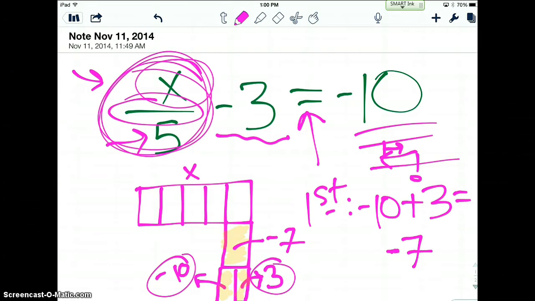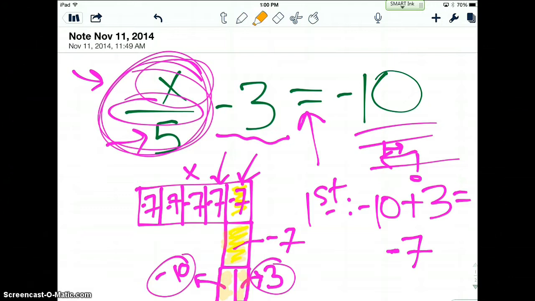So now if I know that this is worth negative 7, then I know this is worth negative 7, and this one is worth negative 7, because they're all the same. Negative 7, negative 7, negative 7.